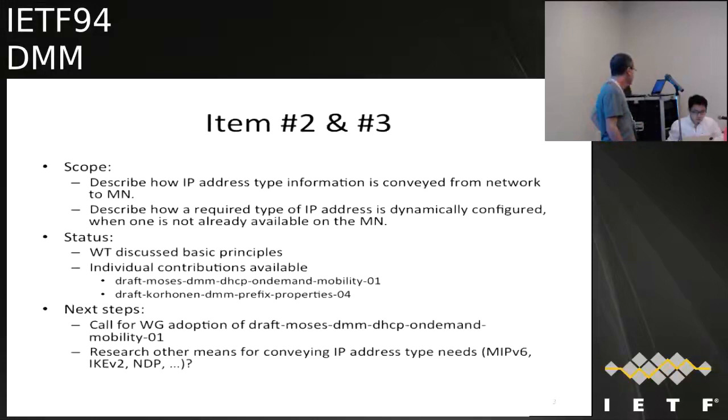And for items 2 and 3, you are requesting the working group to call for adoption this time? I'm asking to initiate a working group last call for the on-demand draft and for adoption of the DHCP draft.